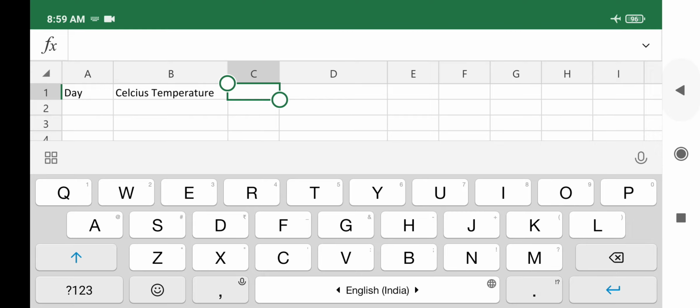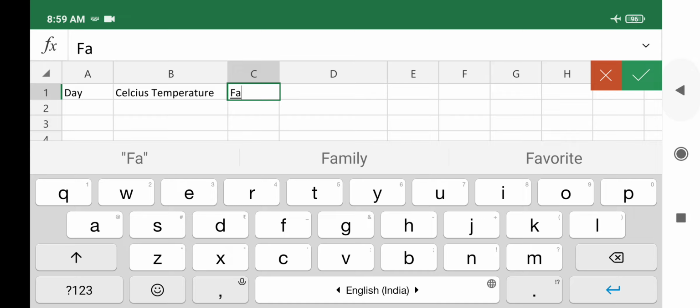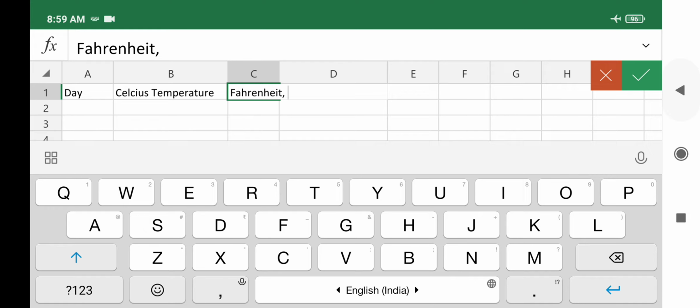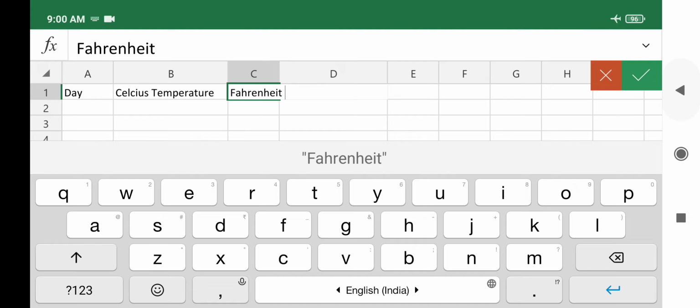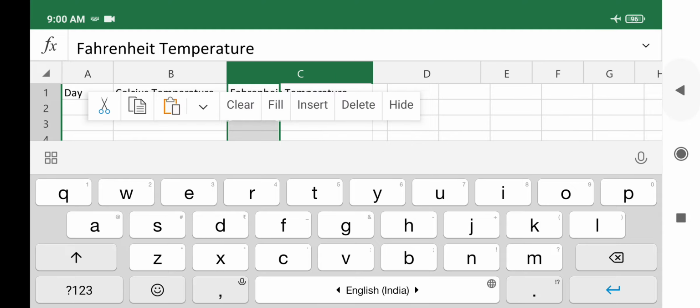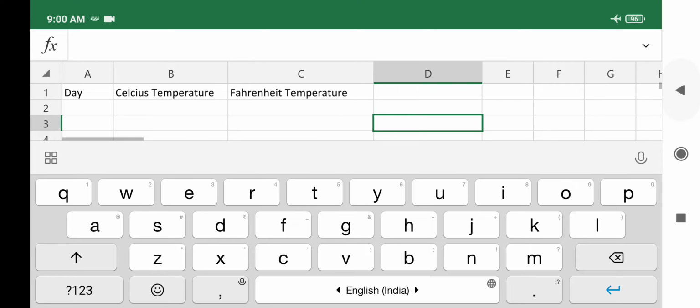Fahrenheit also cannot be fitted, so we will do the same way. Temperature is also not fitted, so I'm doing it this way. I hope this part is clear.